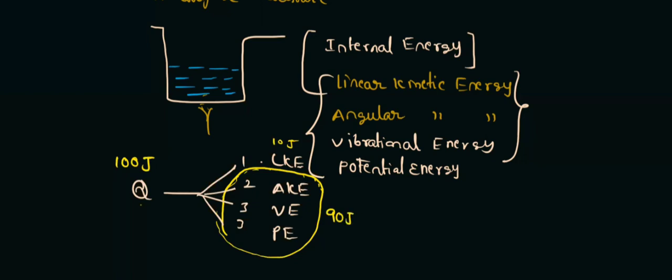Remaining 90 joules of energy is taken by the angular kinetic energy, vibrational energy and potential energy. That's why the rate of rise of temperature is not happening quickly.